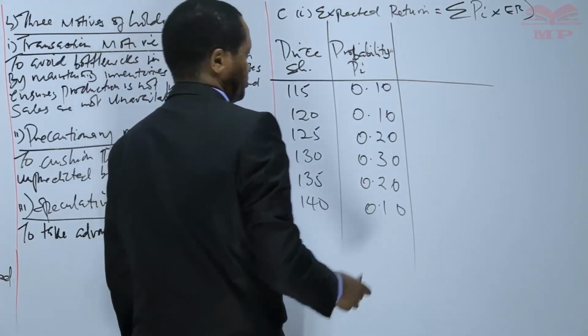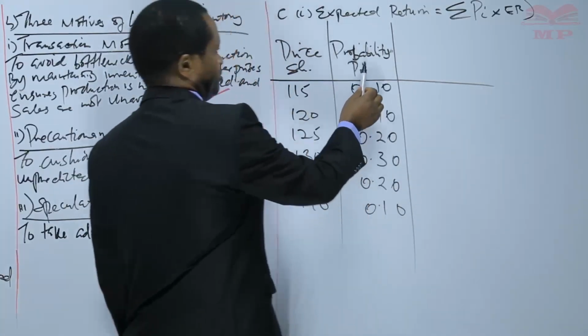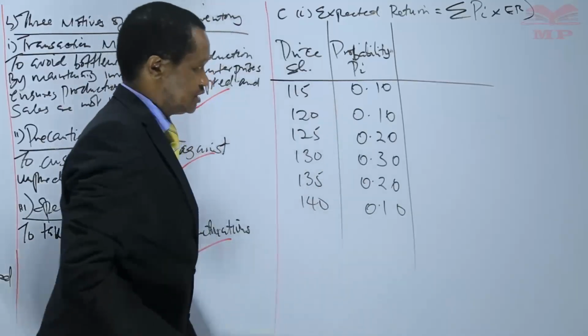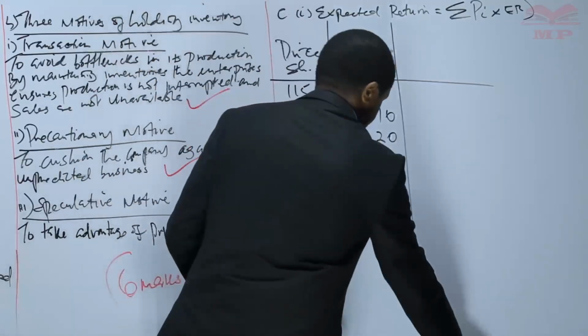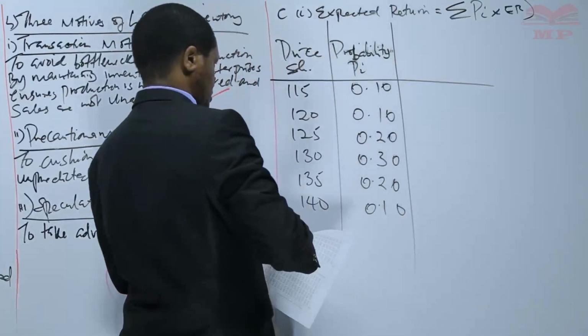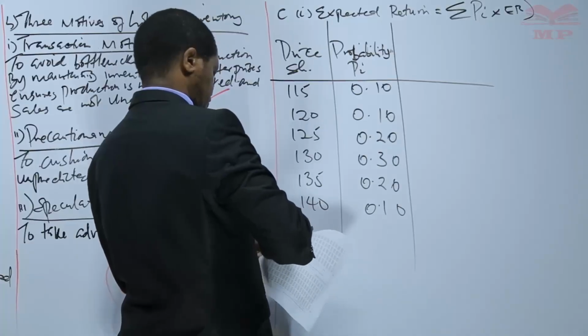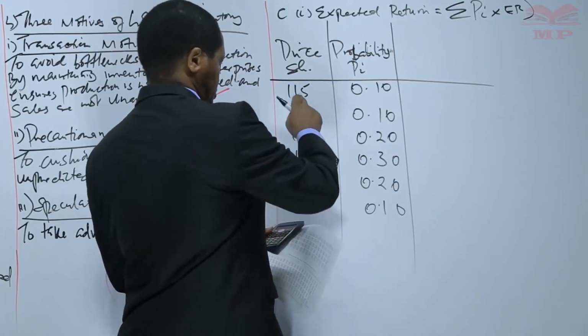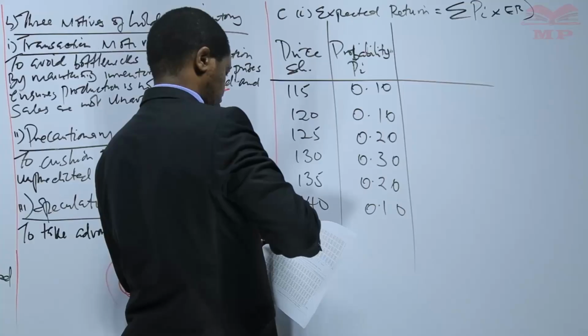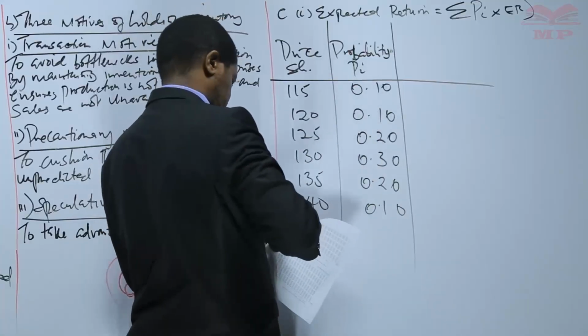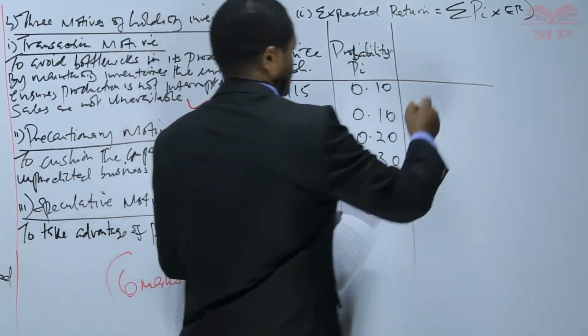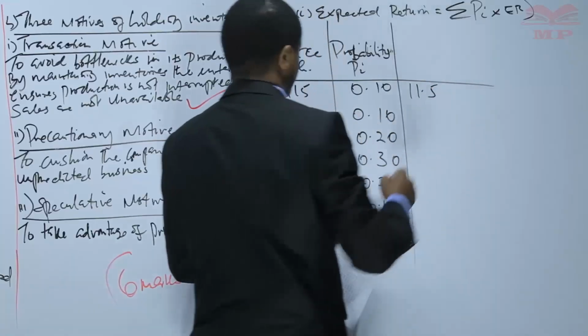So we will multiply the probabilities with the respective prices. So I'll have 115 times 0.1, it's 11.5.